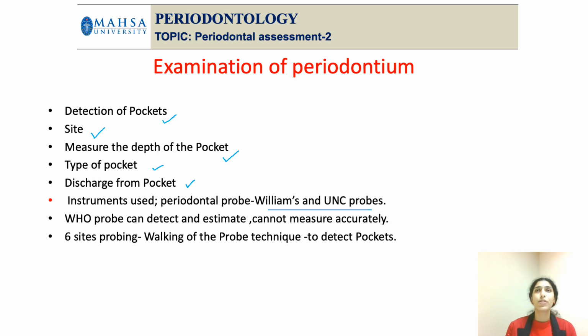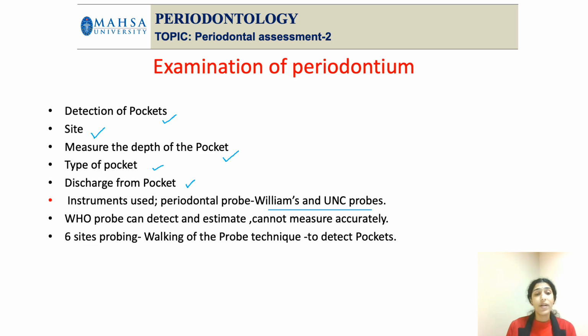I have seen some of the students previously when we used to teach them, they get used to the WHO probe, and therefore they take the WHO probe and go on probing all the sites in the patient, and ultimately when the doctor comes and checks, it is not accurate, so you may have to reprobe the patient, which is much more invasive, right? So do avoid such mistakes.